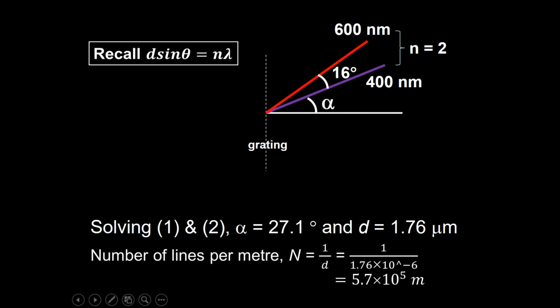But this angle theta is defined as the angle from the straight through position. So this 16 degrees is not the angle theta. So I will start by introducing the angle alpha, which is the angle from the straight through position to the second order blue light.